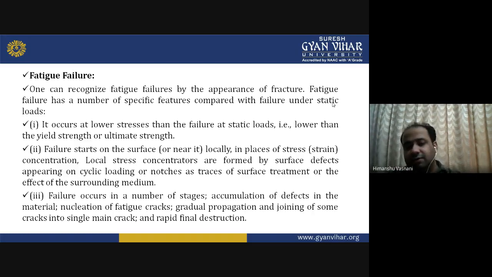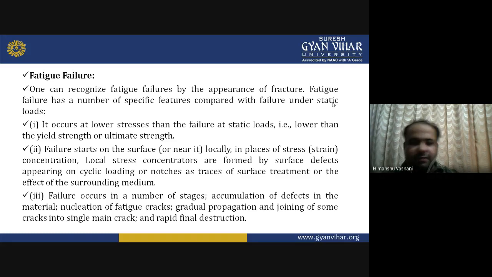The failure occurs in a number of stages: accumulation of defects in the material, then nucleation of fatigue cracks, then gradual propagation and joining of some cracks into a single main crack, and then the rapid final rupture.